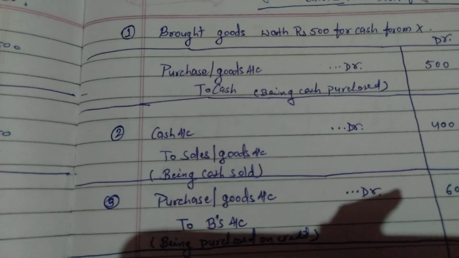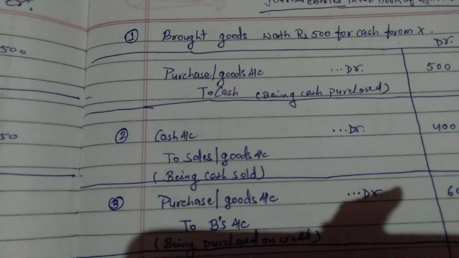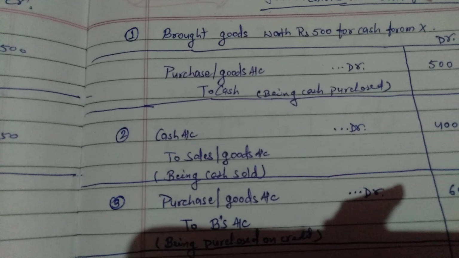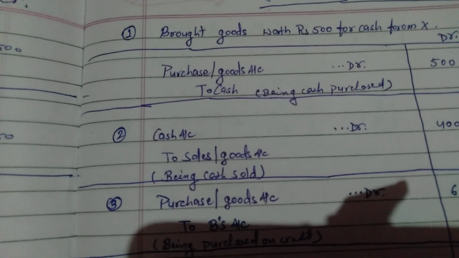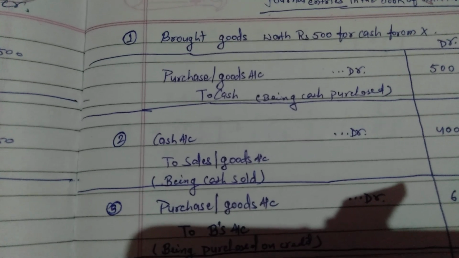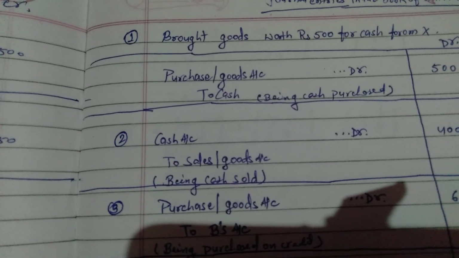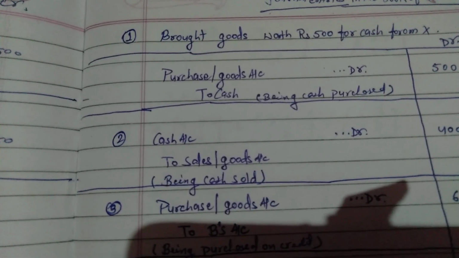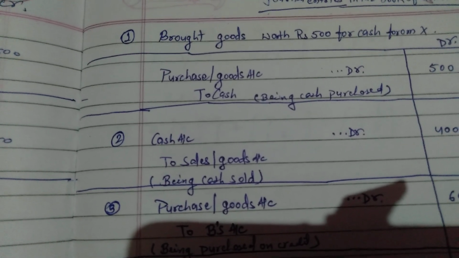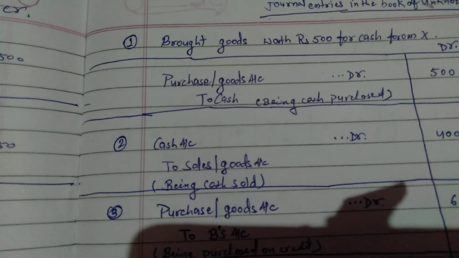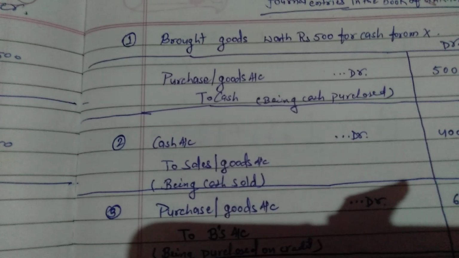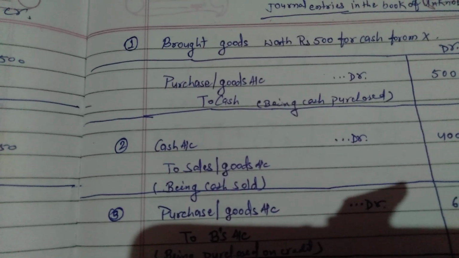The second problem is being cash sold, because in business a cash sale transaction took place. So the recording is cash account debit to sales account or goods account, because cash is coming in, so cash is debit, and goods are going out, so goods are credit or sales is credit.